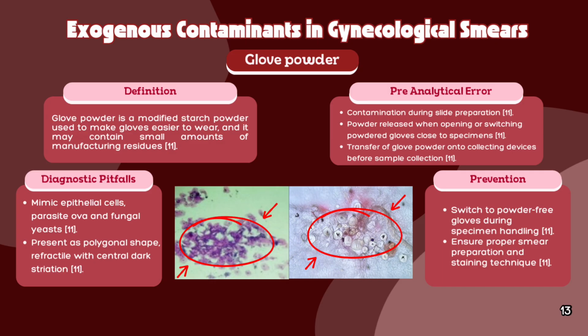Glove powder particles may create a diagnostic pitfall because they can mimic epithelial cells, parasite ova, and fungal yeast. They appear as polygonal refractile particles with a characteristic central dark striation. To prevent glove powder contamination, switch to powder-free gloves during specimen handling. Proper smear preparation should always be followed to minimize contamination.